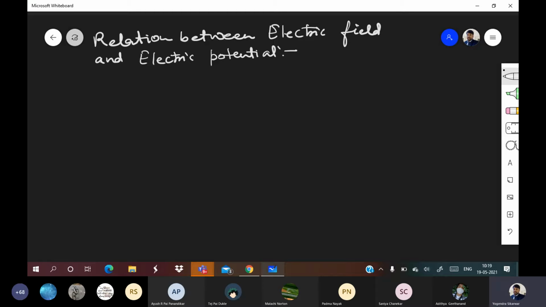So let me tell you, there is a very simple relation between electric field and potential. So please write the relation between electric field and potential.